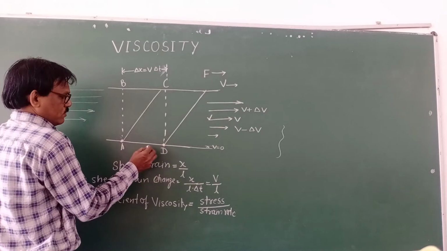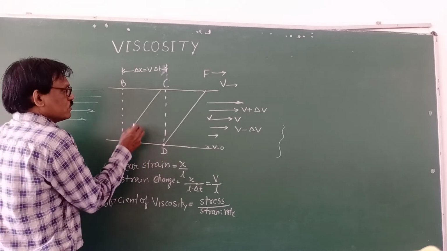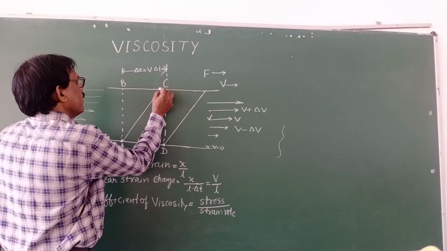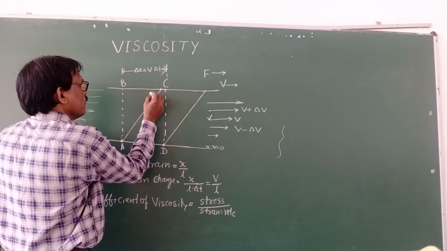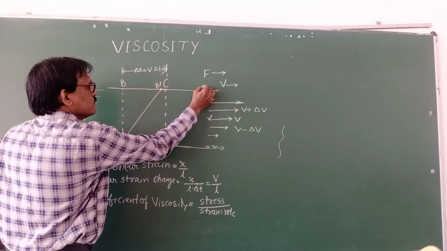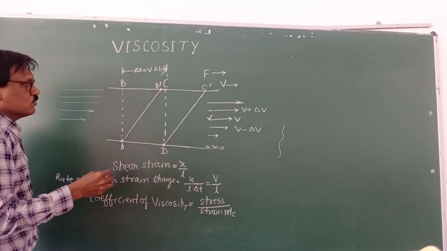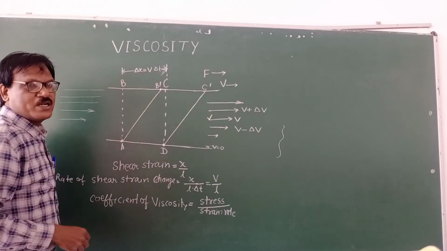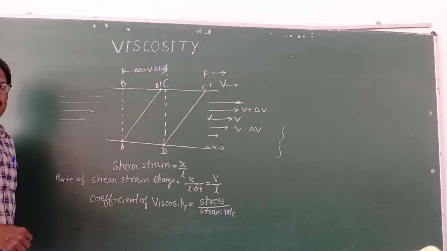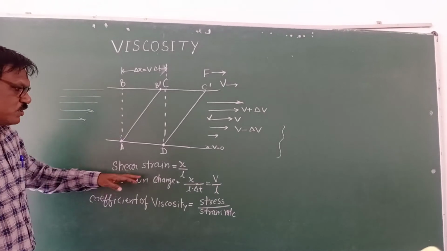Now because its velocity is zero, this is moving here with a certain velocity, the BC part. Due to the velocity, B will become B dash and C will become C dash. So this portion is v delta T, which will produce the strain in the water surface. So what will be the shear strain?